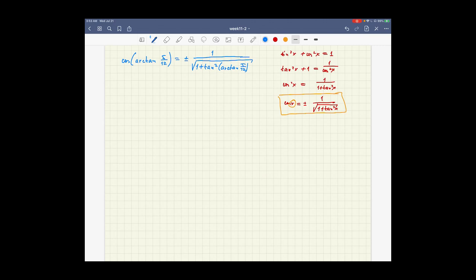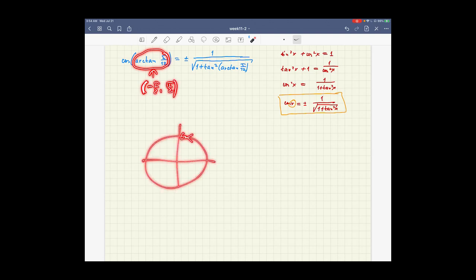Now, what about the sign? Well, arctangent, we know, is always in the interval negative pi over 2, pi over 2, and that's the first quadrant or the fourth quadrant.